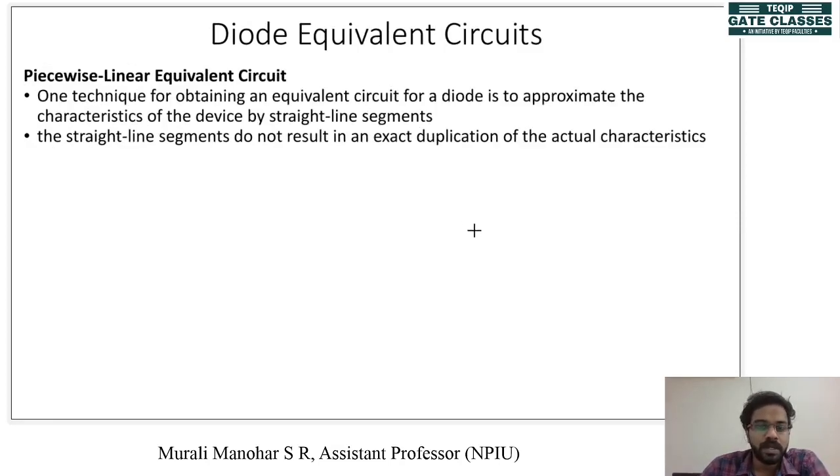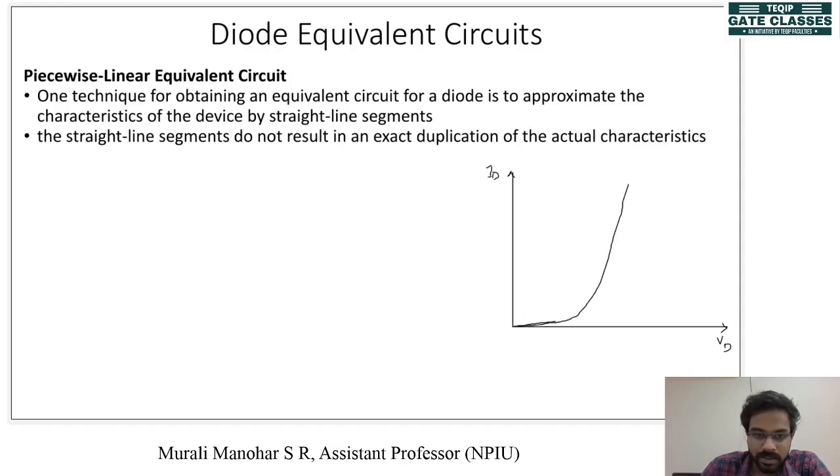Now we'll look into the equivalent circuits of a diode. First we'll go for the piecewise linear equivalent circuit. By converting a diode into its corresponding equivalent circuit, it will become easier to solve problems. That is the reason why we go for equivalent circuits. Now this is our current, and this is our voltage, and here we have our diode characteristic.